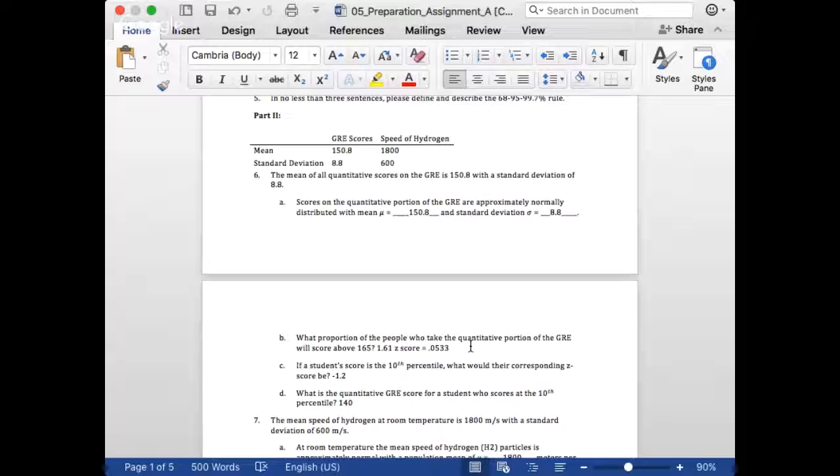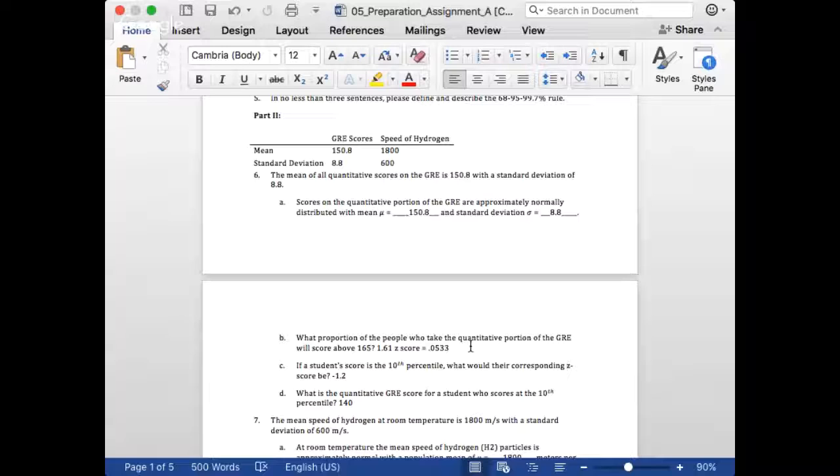And so that got us, I forgot what the z-score was, it's like 1.61 something. From there, though, it was a little trickier. I think from there, all you do is you enter the z-score into the applet.